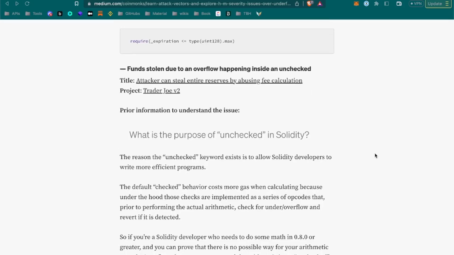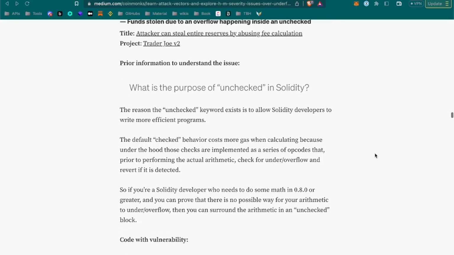I'm sure you know that unchecked is usually used when you want to save some gas. That's mainly what we have experienced when doing audits and wanting to propose a gas optimization. Now let's learn a bit about unchecked for those who might not be that aware.